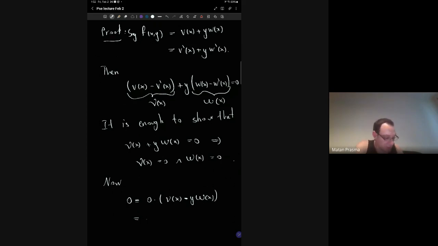Right? 0 times anything is 0, so I take it to be the conjugate, but now I can replace this 0 with nu(x) plus y omega(x), and I leave the second one as before.